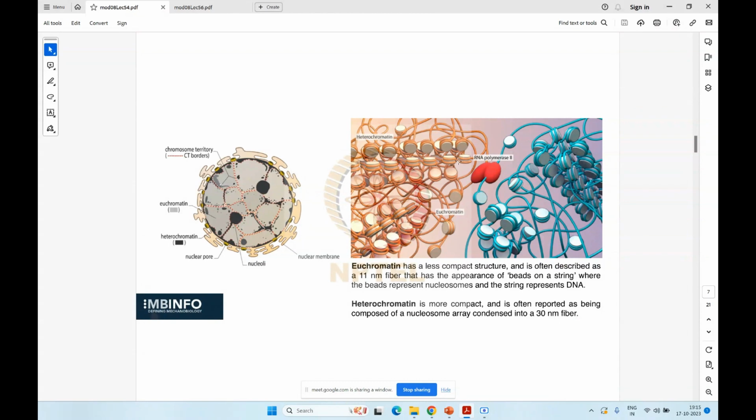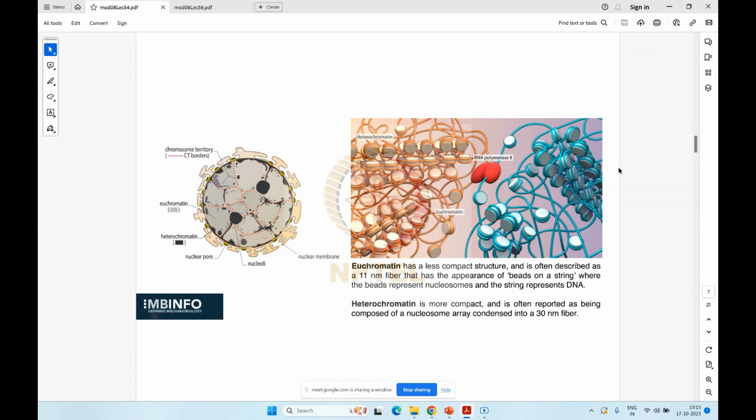If you try to measure the dimensions of the structure, you would see that the heterochromatin has a repeating fiber of 30 nanometer, whereas the similar structure is reported to be 11 nanometer in the case of euchromatin.